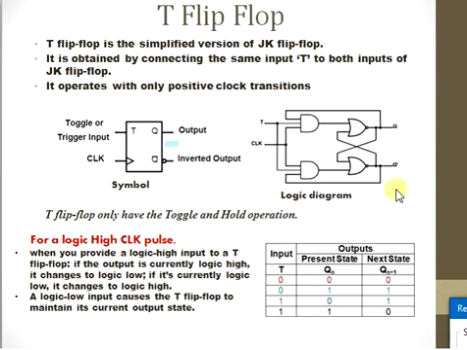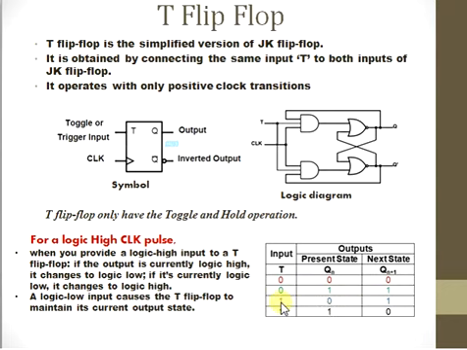So you can see it here. When we are giving T input 0, whatever the current state of Q is remains the same. So when there is a clock pulse, whatever the state is will remain the same. If it is 0, it will be 0, and when T is equal to 0, if Q is equal to 1, the next state will be the same, 1.